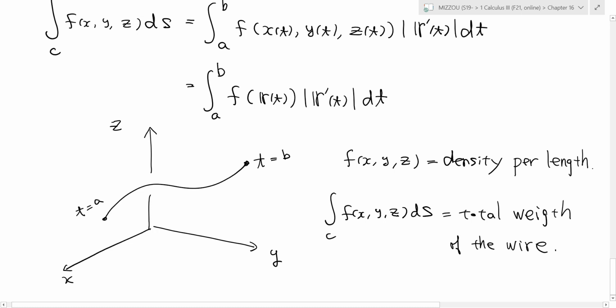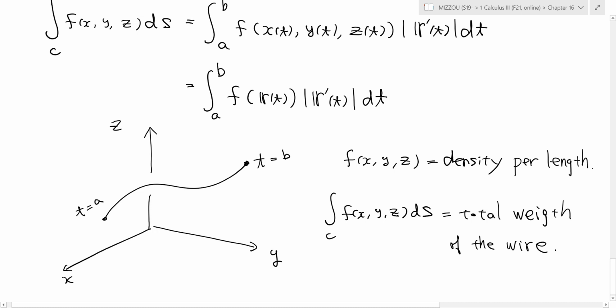So that's one way to think about a line integral. Anyhow, the way to compute it is the same. And then there are a lot of exercises you can work on. Okay, so that's the line integral of a scalar valued function, a scalar field, so to speak.